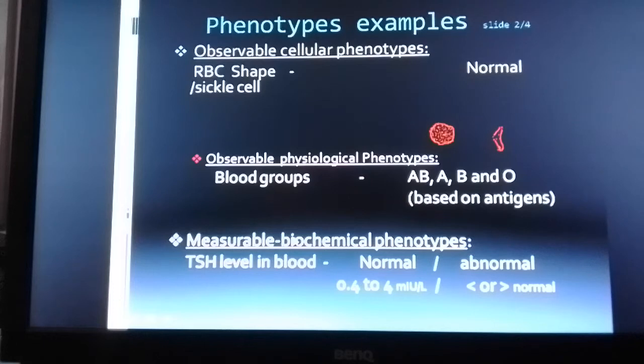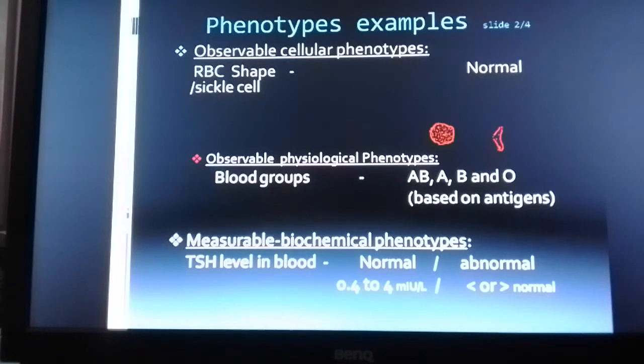Even biochemically you can measure the quantity of the enzyme, quantity of the hormone, and even the insulin level is somewhat very familiar nowadays. So that way you can define the individual into different variants.